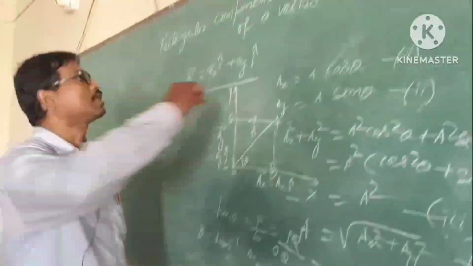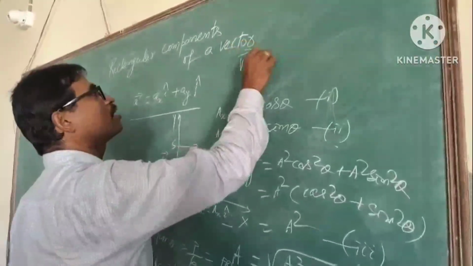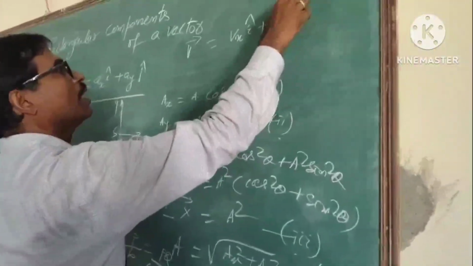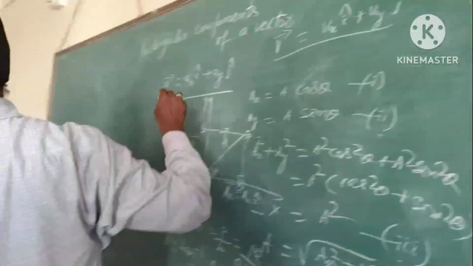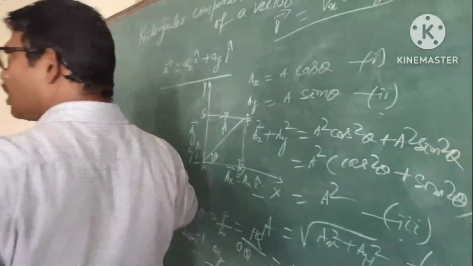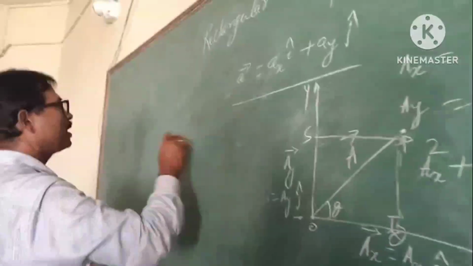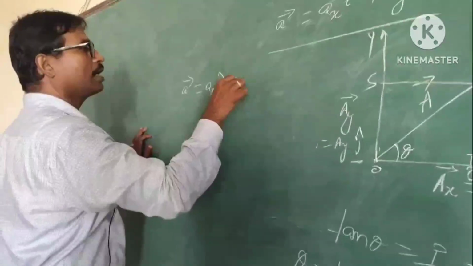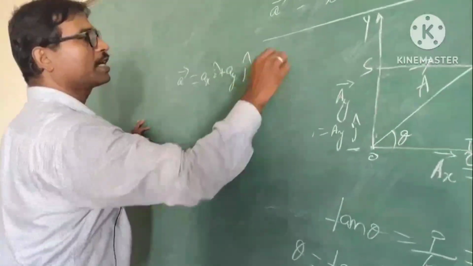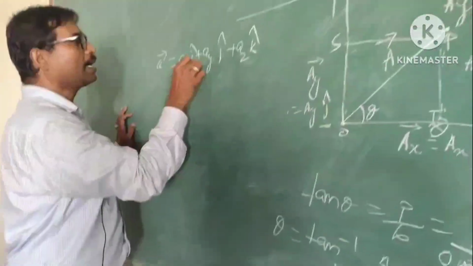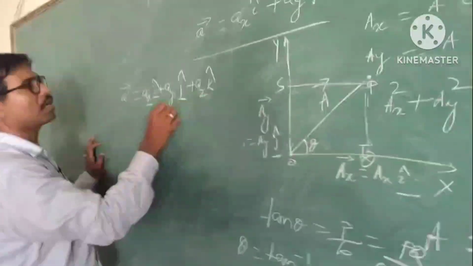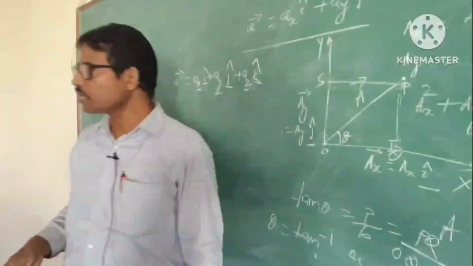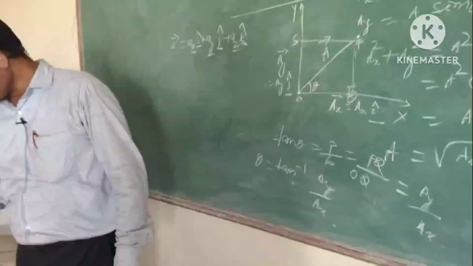Suppose for the velocity vector, you can write vx i cap plus vy j cap. In 3D, if you take the z axis, it becomes 3D. So can you write ax i cap plus ay j cap plus az k cap? Yes. i cap is connected with the x axis, j cap with the y axis, k cap with the z axis, because they are known as unit vectors and base vectors.